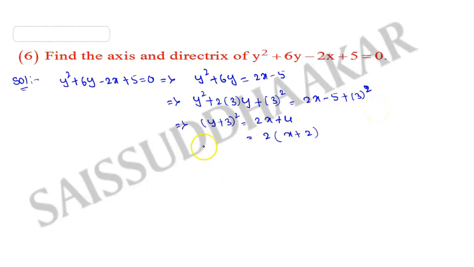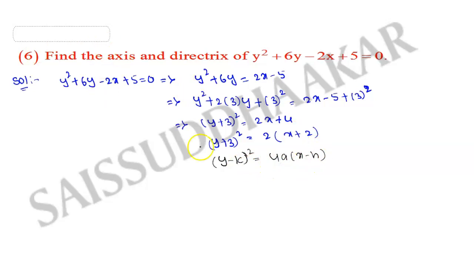So here I need to compare with our formula, y minus k whole square is equal to 4a into x minus h.